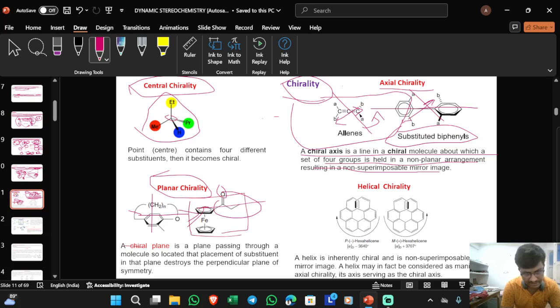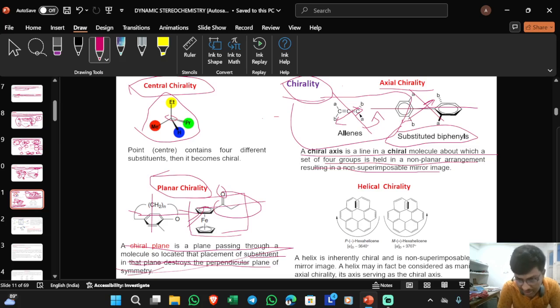The chiral plane is the plane of the molecule that localizes the placement of substituents in that plane, perpendicular to the plane of symmetry.